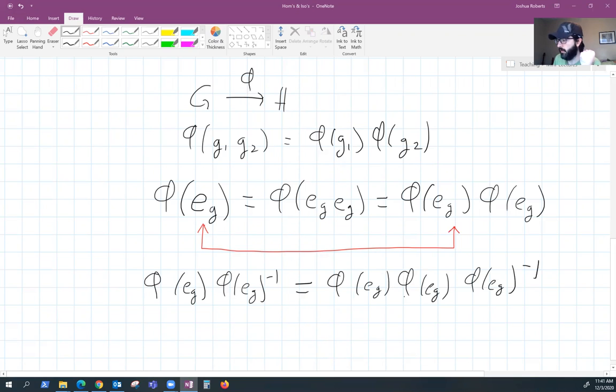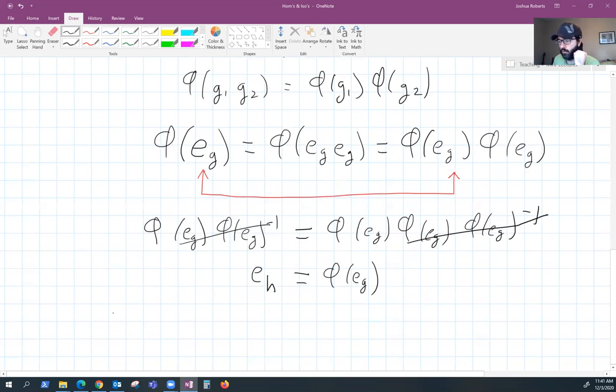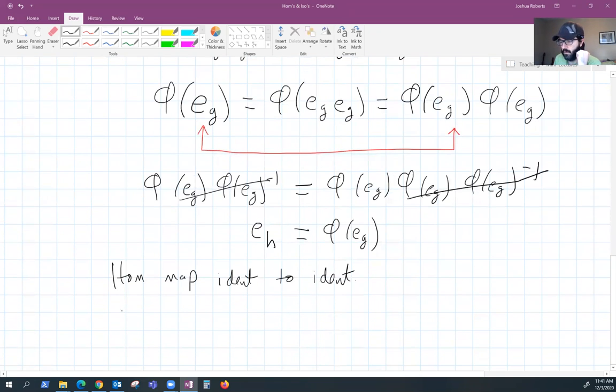So these are going to cancel out, and all that's left is going to be the identity in H, because that multiplication is happening in H. So this is going to be equal to phi of the identity in G. And so we get that property that homomorphisms map identity to identity.